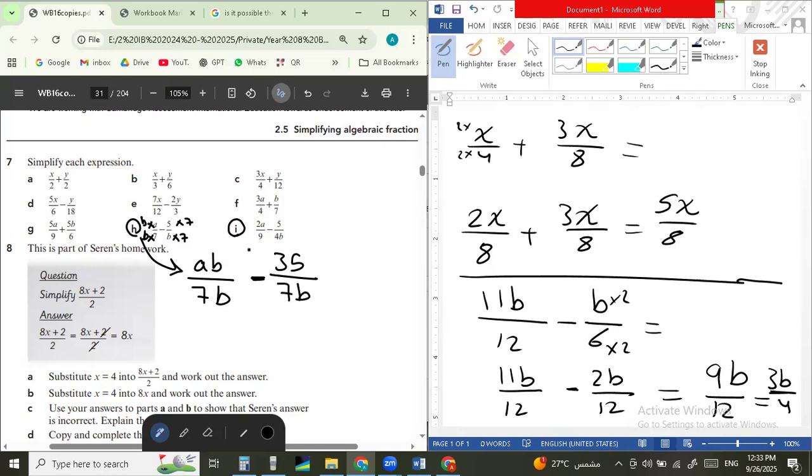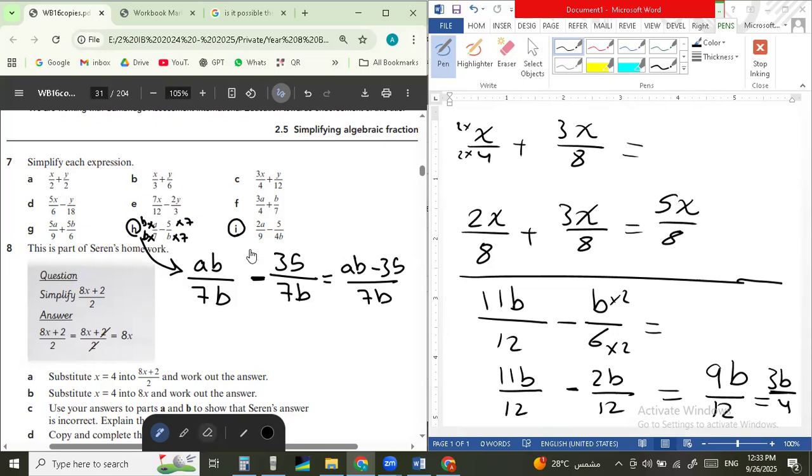So when you have such a case, you're supposed to multiply each fraction by the other denominator. So here, a over 7 multiplied by b up, b down. We took it from the other denominator. 5 over b multiplied by 7 up, 7 down. We took it from the other denominator. Now I have the denominators the same, so the denominator stays the same, 7b. So it is ab minus 35. That is it. You don't touch it.